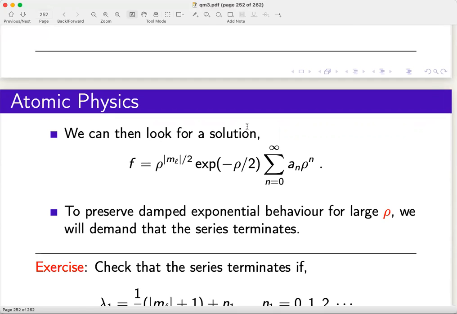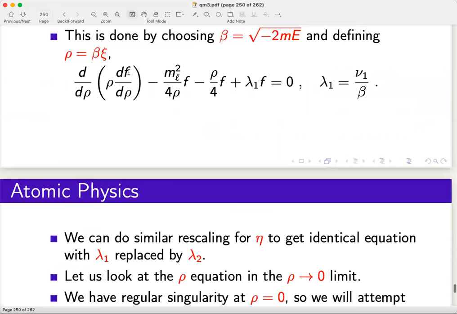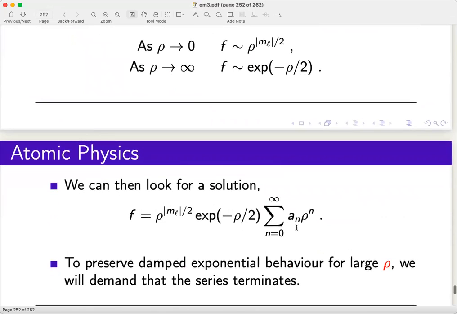And of course, a_(n-1) is determined in terms of a_(n-2), a_(n-3), and so on. Given that the equation is a linear differential equation, linear in f everywhere, a0, which is the first coefficient, cannot be determined. The only thing you know is that a0 is not equal to 0, so it can be any number.